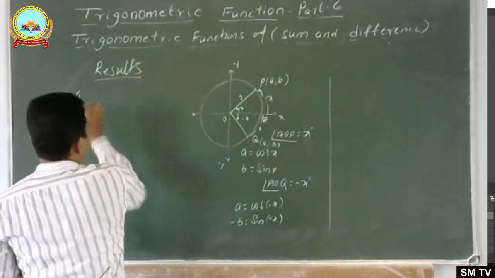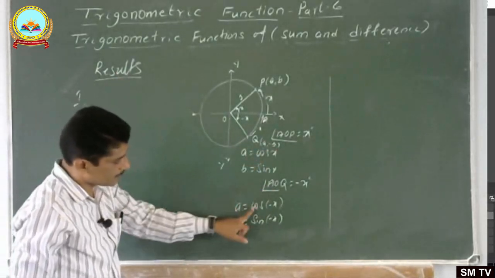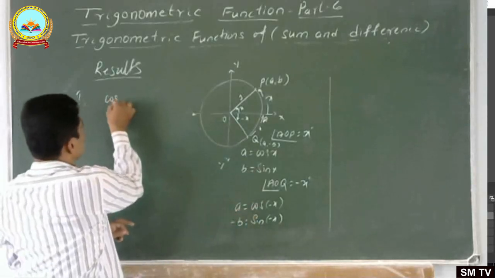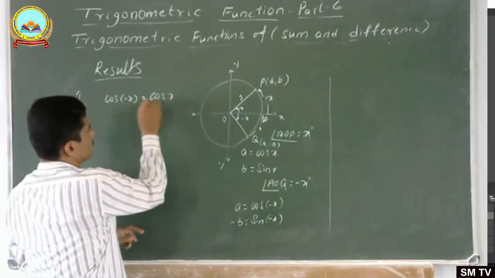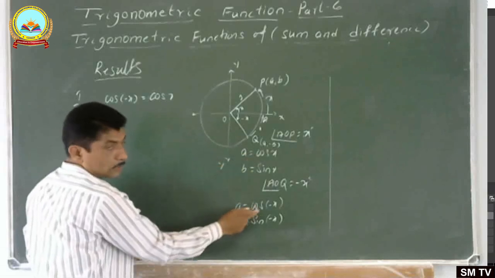The first result: you know that this a is equal to cos x, and this a is equal to cos of minus x. Equating these two, cos of minus x is equal to cos x. A means cos x, a means cos of minus x.